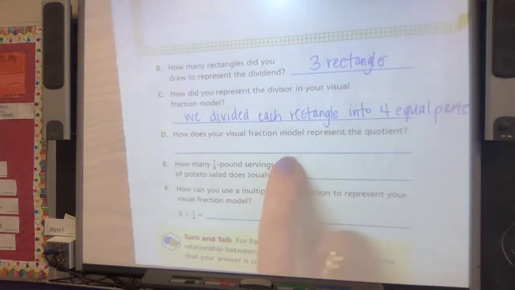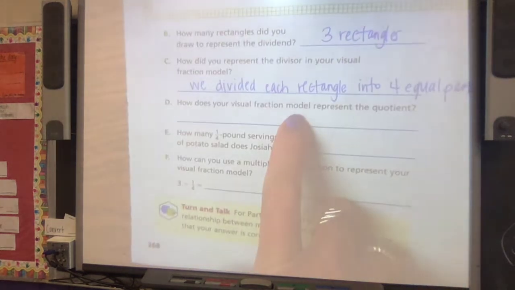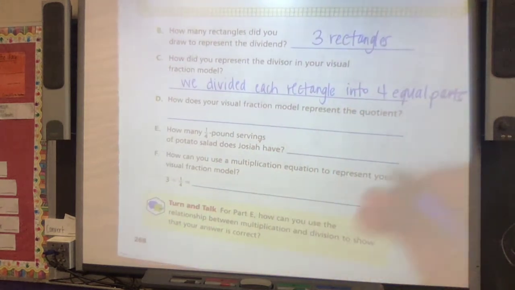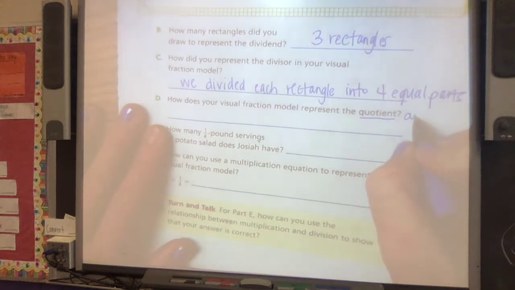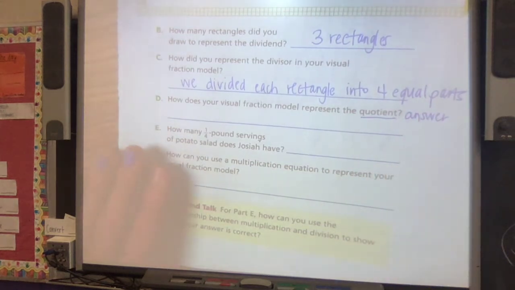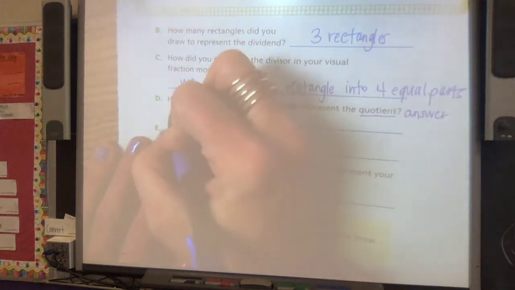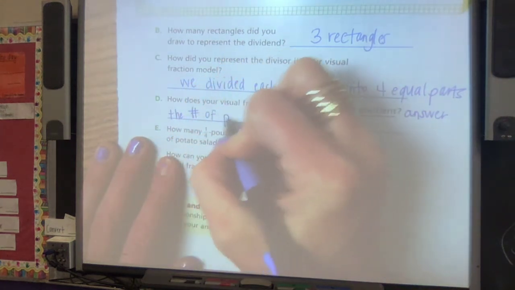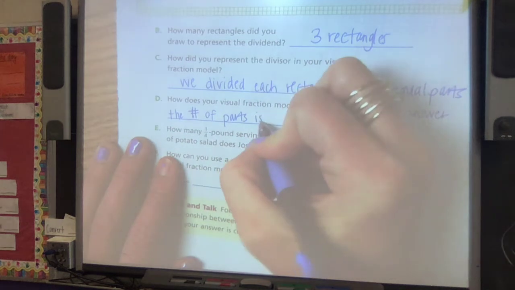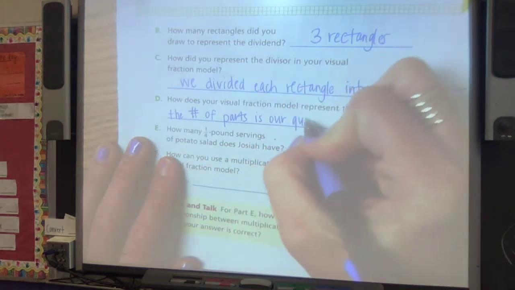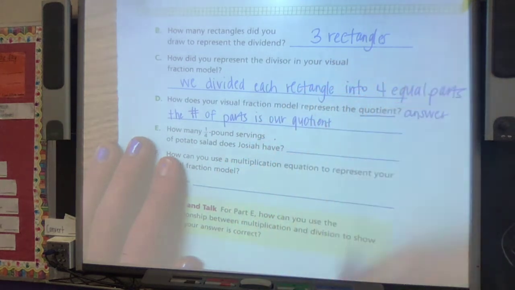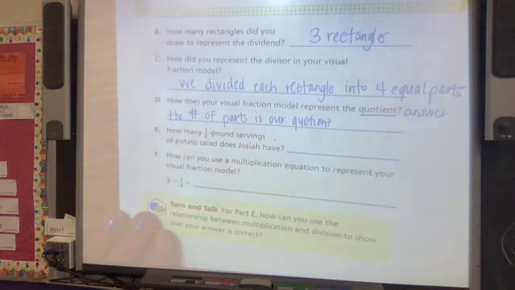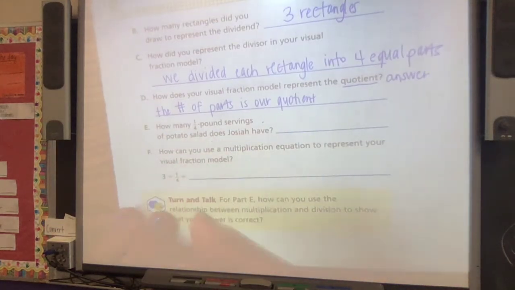How does your visual fraction model represent the quotient? Remember, this is the answer. So we can see the number of parts is our quotient. We'll use that big word, quotient. How many 1/4 pound servings does he have?